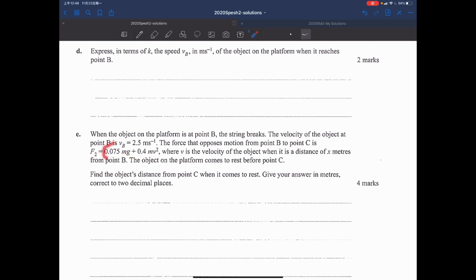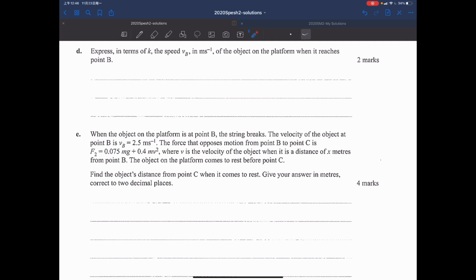It's no more just k times mg. It must take the air resistance into consideration, where v is the velocity of the object when it is at a distance of x meters from point B. Right, so this is actually giving you a hint. We are using a new stage.